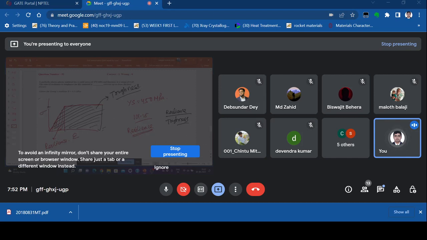Okay, so what are the values given here? Yield strength is given 450 MPa. Fracture at a strain of 0.45. So this is our 0.45 strain. Okay, so we know the Young's modulus, we know the yield strength, so we can calculate this strain.